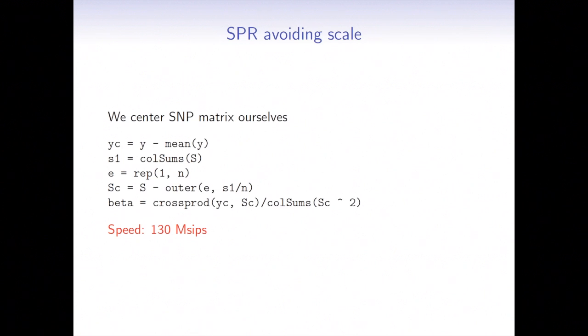So in the next step, we center the SNP matrix ourselves. So we just subtracted the averages column by column using the outer function. And here we calculated the betas, and the speed increased to 130 megasips.